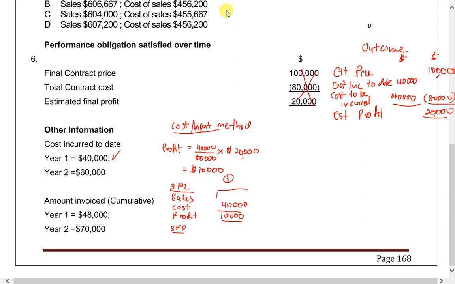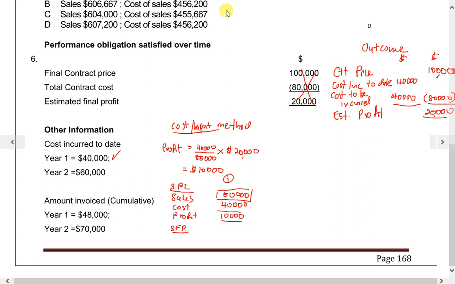Therefore, missing figure, sales, $50. So this year, my sales will be 50,000. I'm going to recognize 50,000 in my book. And 40,000 is my cost and my profit this year.